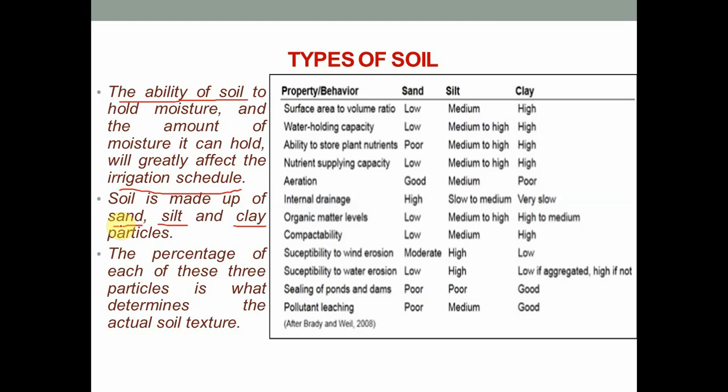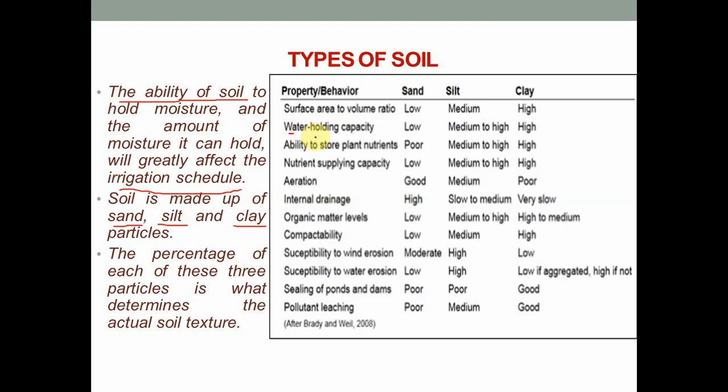Okay, now depending upon the percentage of each of these three particles, the property of the soil will change. There are some important points in this diagram which are related to our subject.